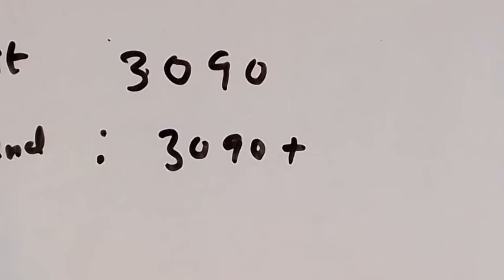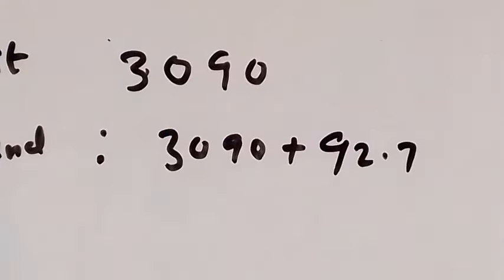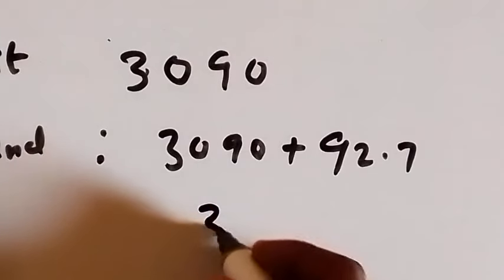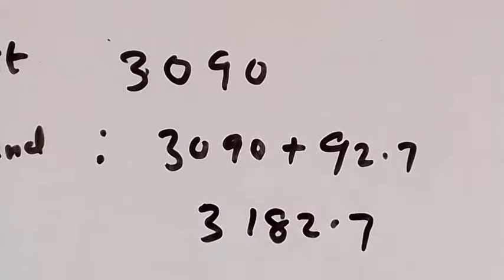We just multiply it by 0.03, which gives us 92.7. So when we sum this with 3,090, this gives us 3,182.7.